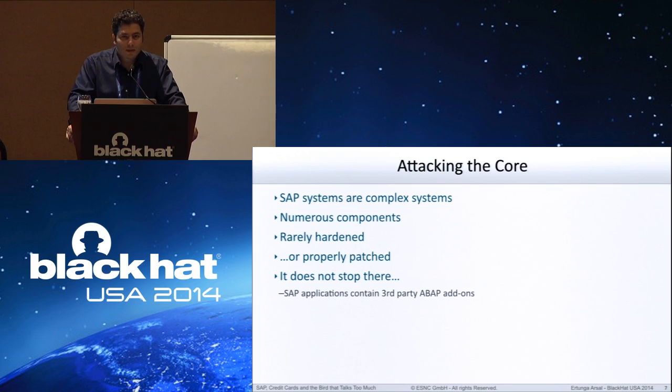So these systems are very rarely hardened. And sometimes it is even very, very difficult to patch these systems. On top of it, there are additional components that can be installed on the SAP system. These are SAP applications by third parties. These can be document management solutions, scanner solutions on an enterprise scale.